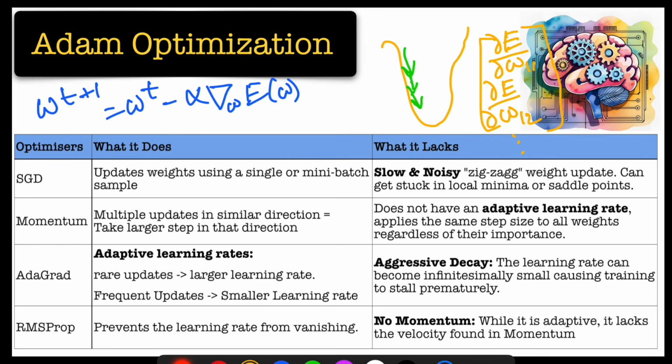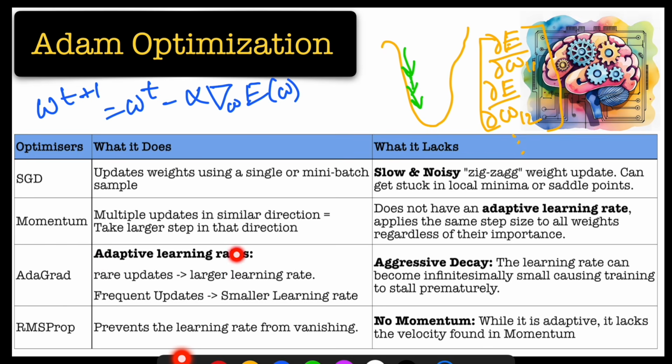For multiple weights, we'll have multiple gradient components. But here you are using this alpha as the learning rate, so all the gradient components have the same learning rate. We don't have adaptive learning rates. That is the problem we are trying to solve in AdaGrad.